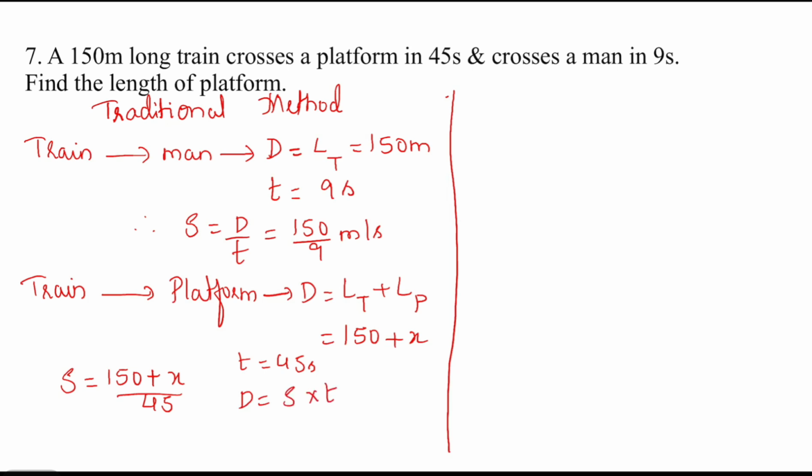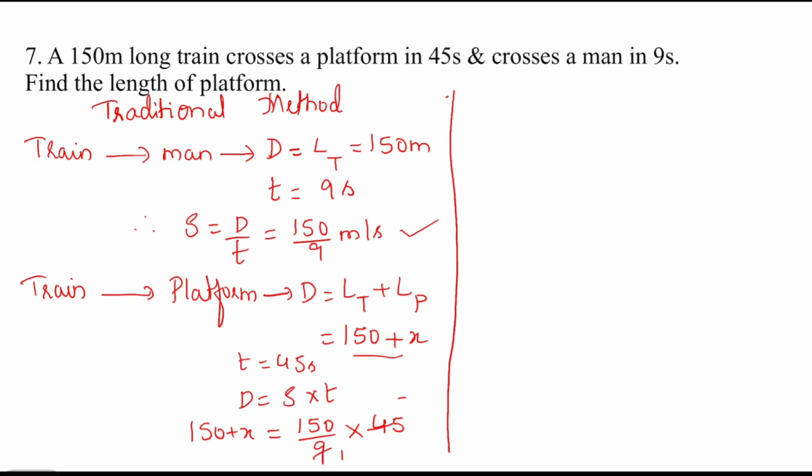The distance we got is 150 plus x. The speed, from the earlier equation, is 150 by 9, into the time, 45 seconds. By solving this, we will get the value of x.